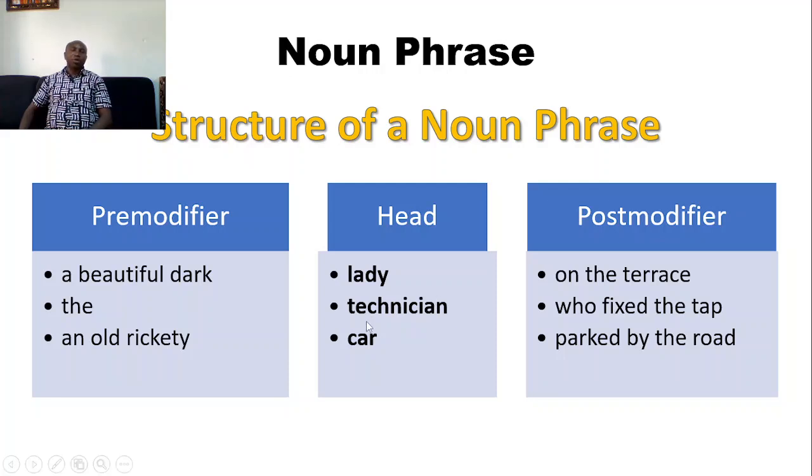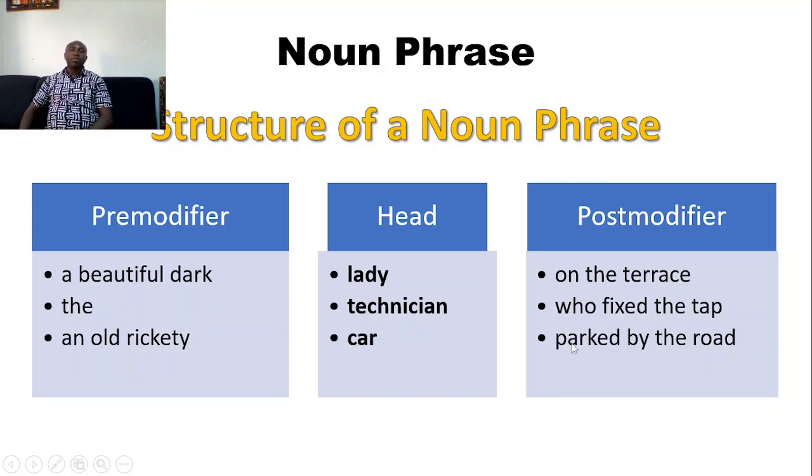And the last example here, we have an old rickety car parked by the road. An old rickety is a premodifier stating the nature of the car, not a new, modern, but old rickety, not the latest car. And that rickety car also parked by the roadside.